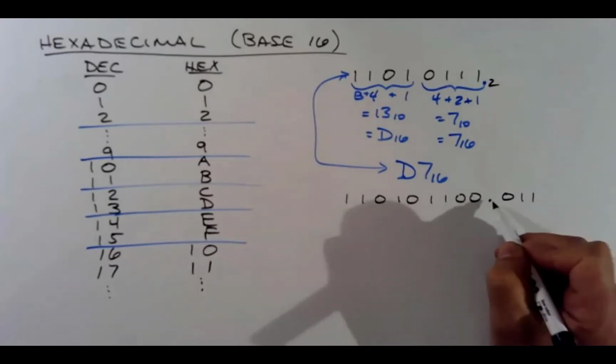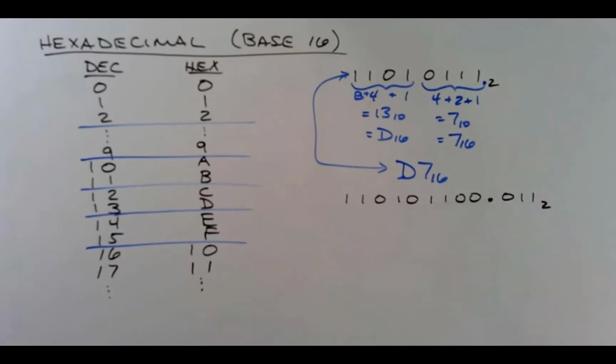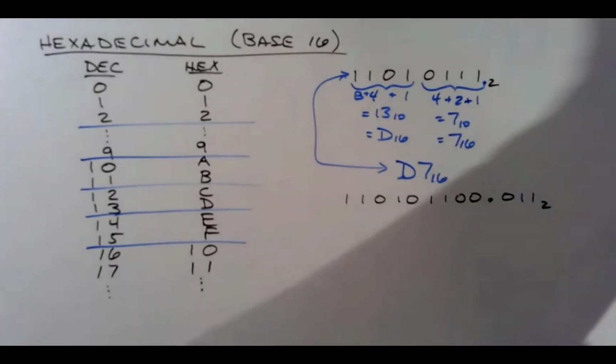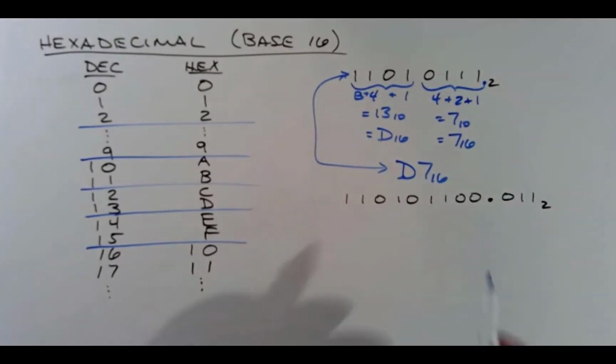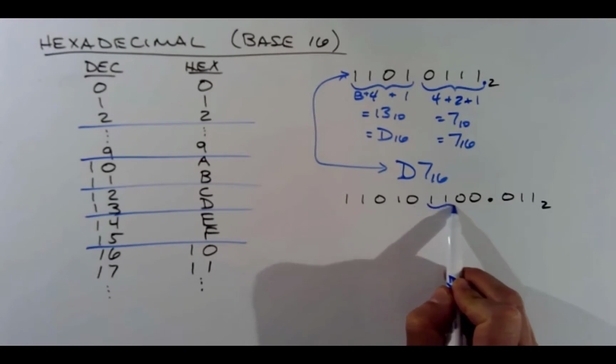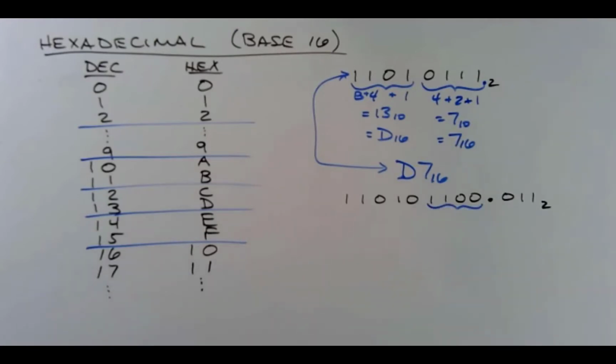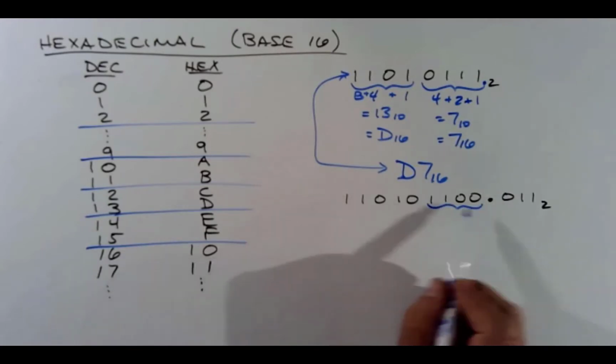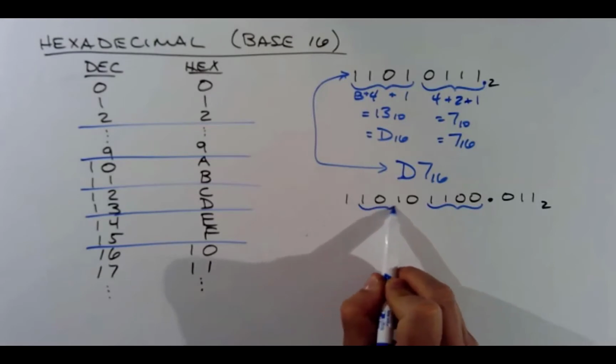Let's suppose that, and there's a radix here. Let's suppose that's your number that you would like to convert to hexadecimal. You follow the same process. You start at the radix. You split the binary number up into 4-bit words.